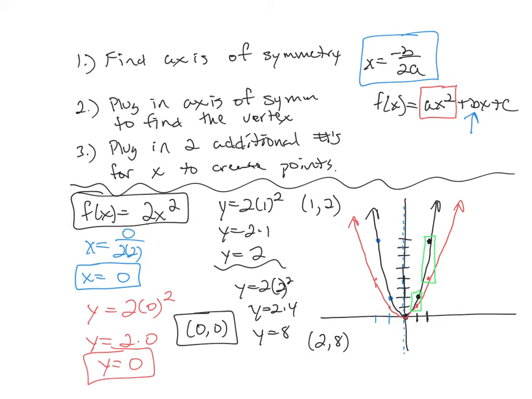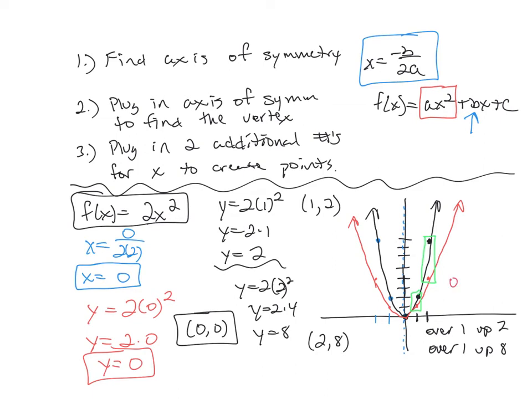So the black one is over 1, up 2, over 2, up 8.